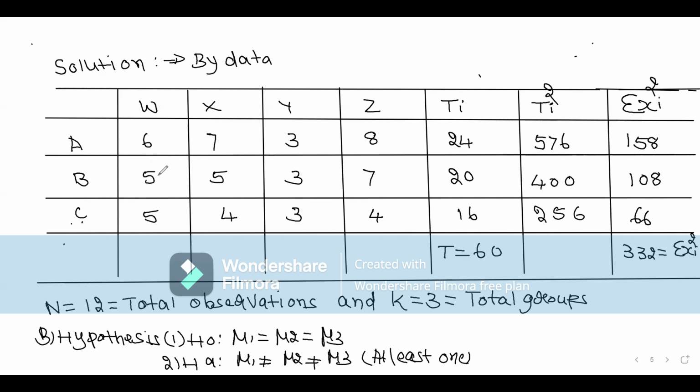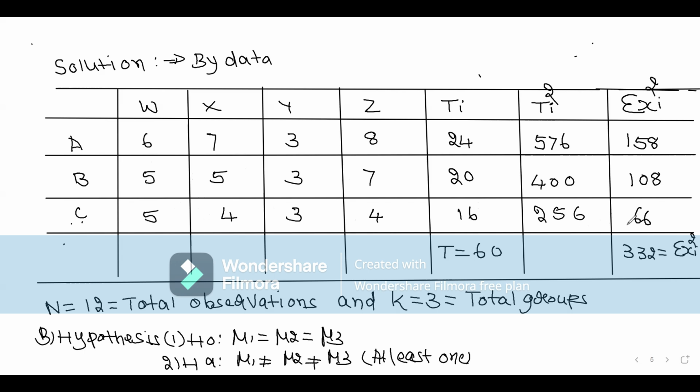Next, 5 square plus 5 square plus 3 square plus 7 square sums to 108. Next, 5 plus 4 plus 3 plus 4 is 16, and 16 square is 256. Now 5 square plus 4 square plus 3 square plus 4 square is 66.